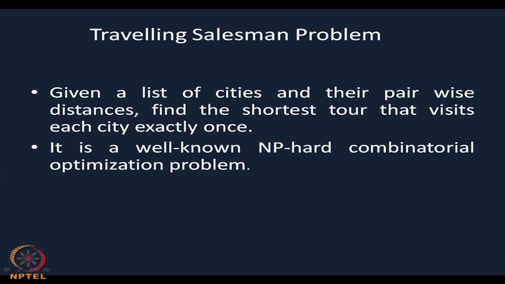Next, we are saying that it is a well known NP-hard combinatorial optimization problem. Now, what do you mean by NP-hard optimization problem or NP-hard problem? Basically, NP-hard means the problem which can be solved in non-deterministic polynomial time. Usually, if we can solve a problem in polynomial time, it is fine, but there are problems just like the traveling salesman problem which cannot be solved in polynomial time.